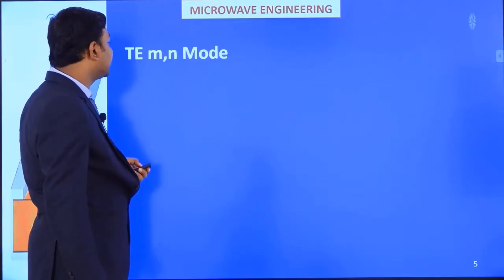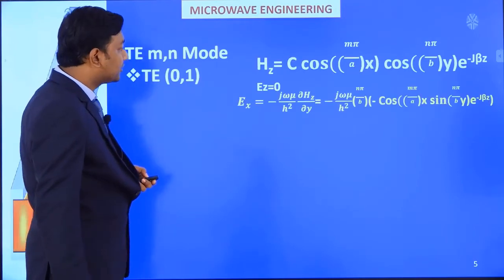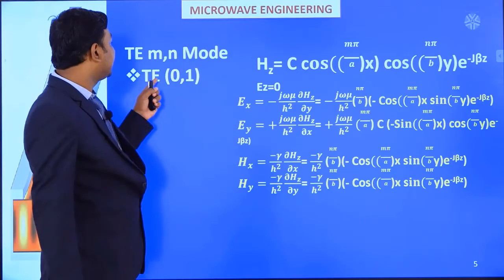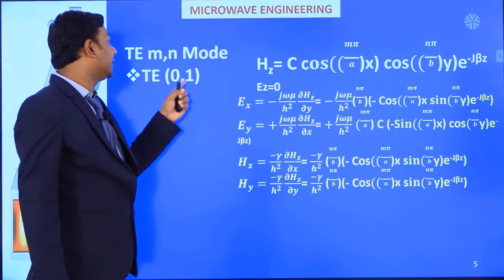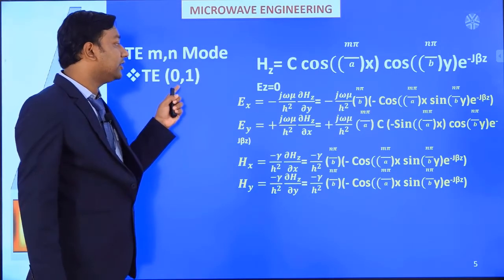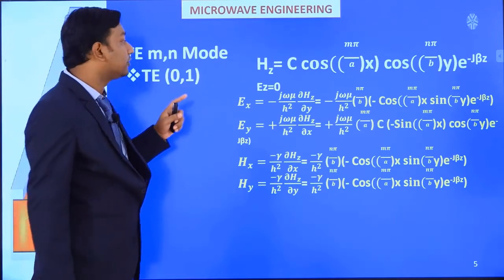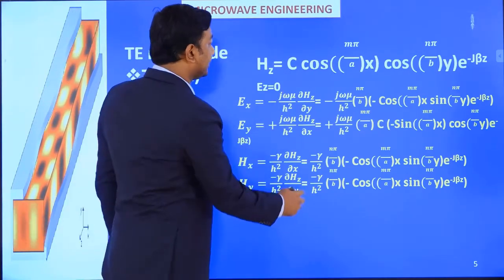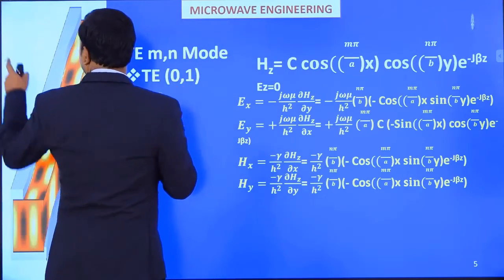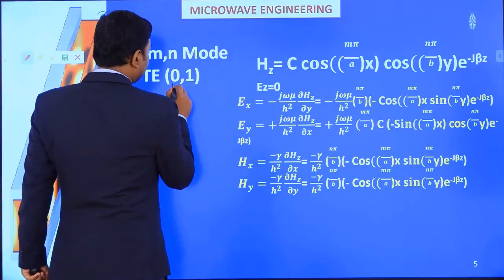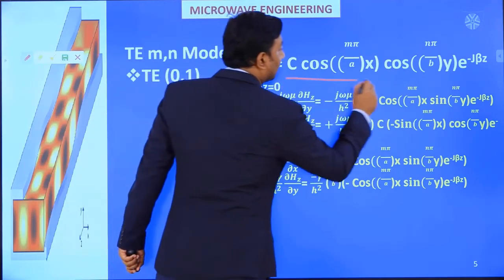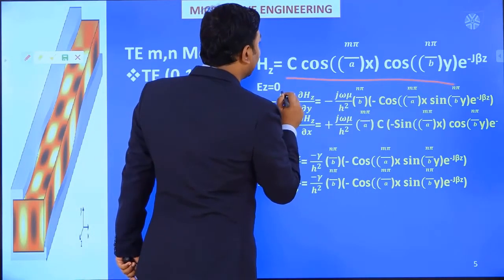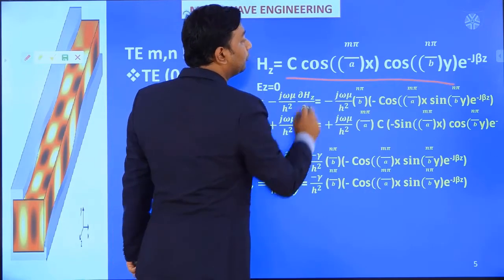In the transverse electric case, first we write the field expressions of the transverse electric case. First we will see TE01, where we are considering m equal to 0 and n equal to 1. For m equal to 0 and n equal to 1, the field exists, because if you put m equal to 0, then this component is present, because the cos value will be 1.